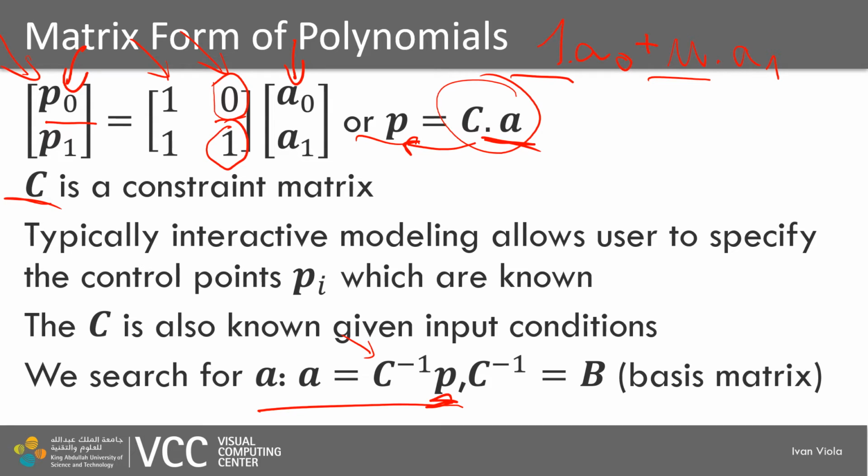And the nice thing is that this constraint matrix is now defined as the basis matrix, and can be associated with our points P, and also can be used to find out the A, but can also be associated with the parameter U, and through that we will find out what the values are not only at these points P, but once we know the A, we can find out what the values are between the known points.